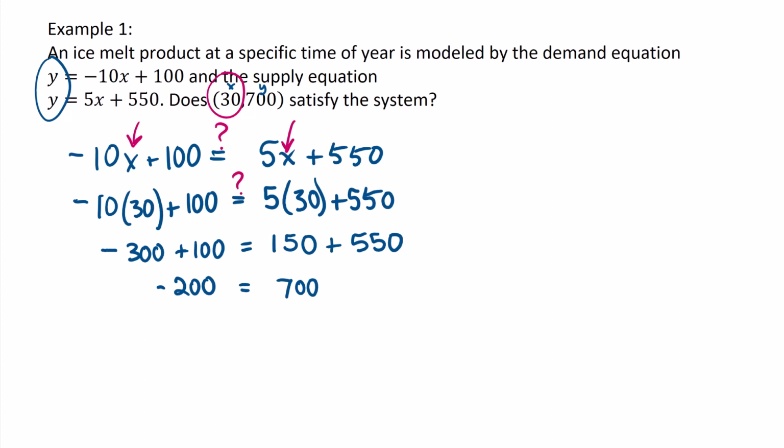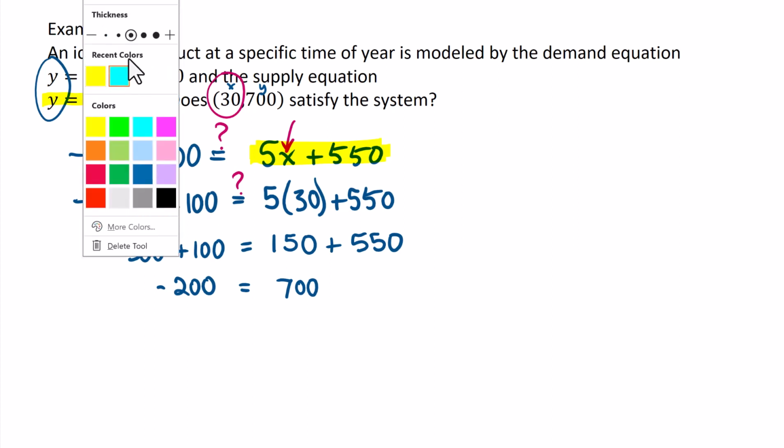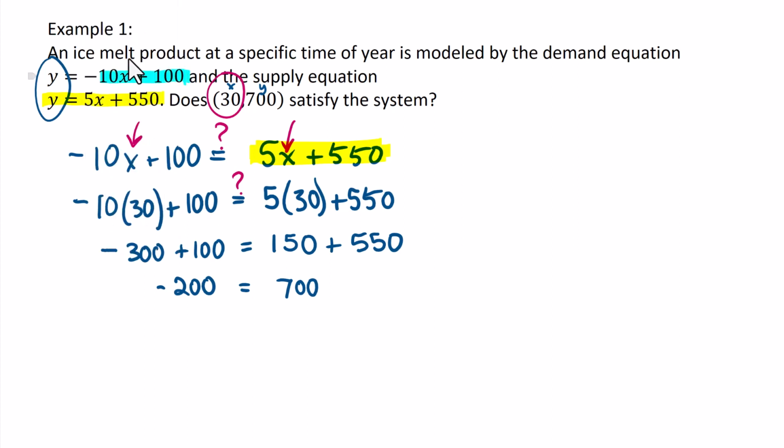Now I want to point out something. If I color code my equations, this 5x plus 550 was on the right side. And if I change colors, this other equation, negative 10x plus 100, this was on the left side of my equation when I set them equal to each other.